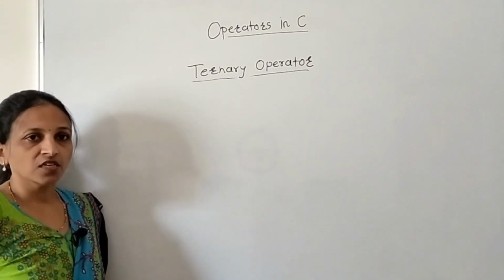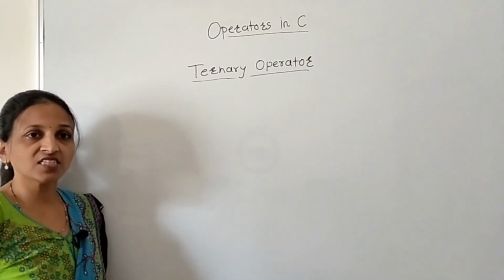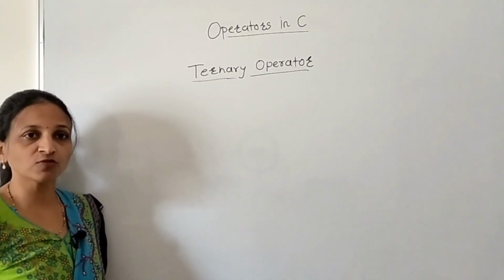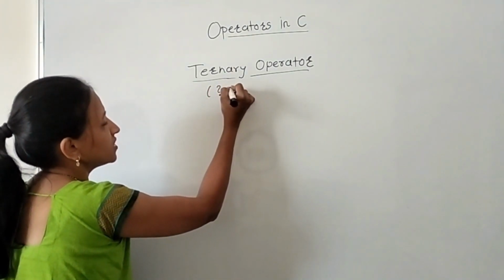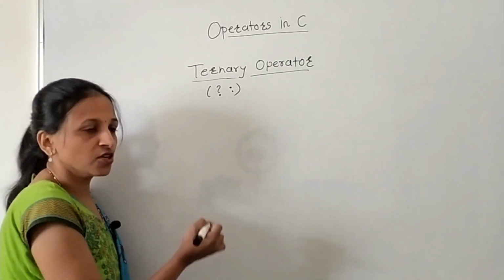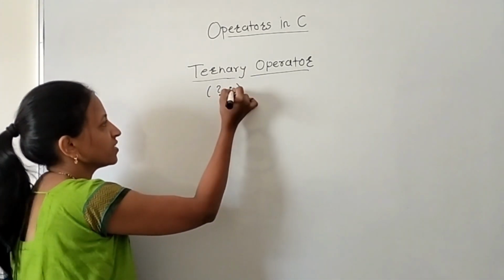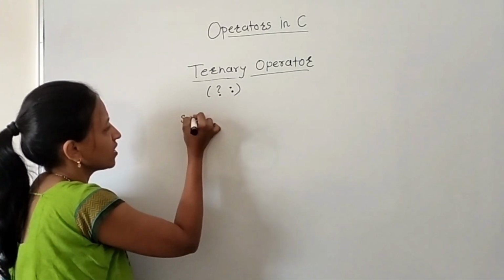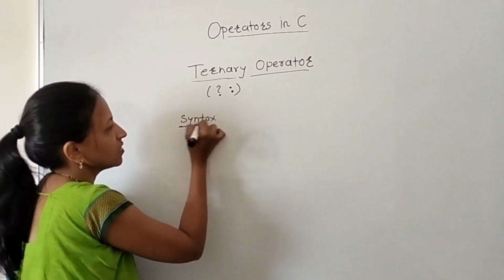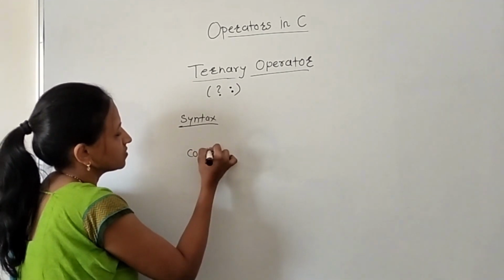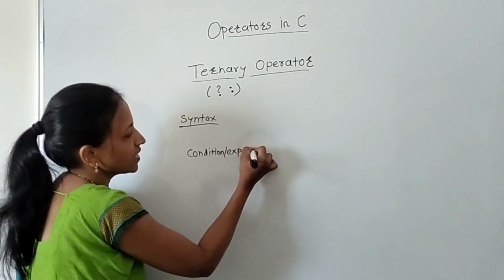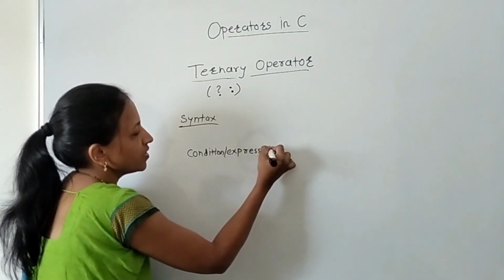Now see, what is the exact syntax of using this operator, that we have to see first. The question mark and colon together are called the ternary operator. Now how to use this operator, that is called the syntax. First, here you have to write any condition, or you can say expression.